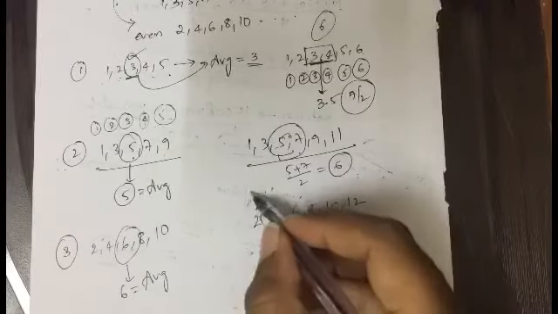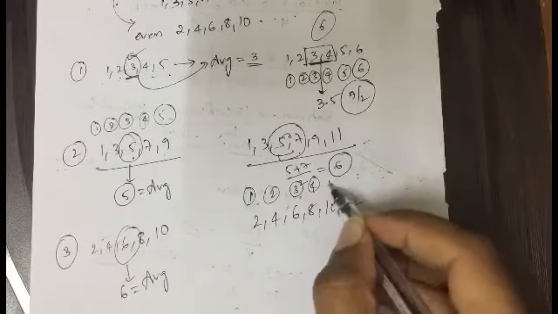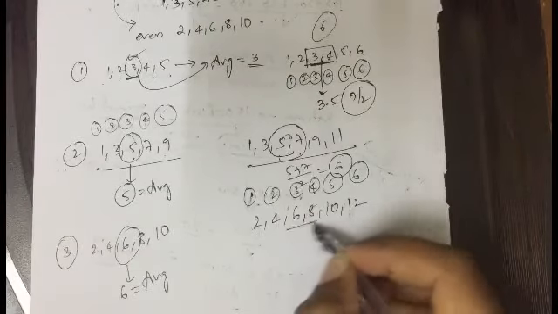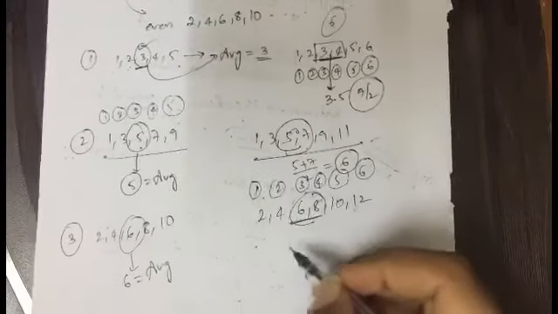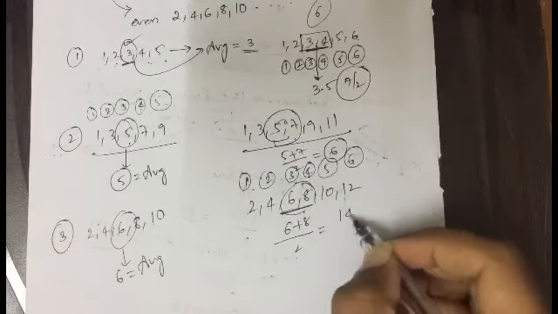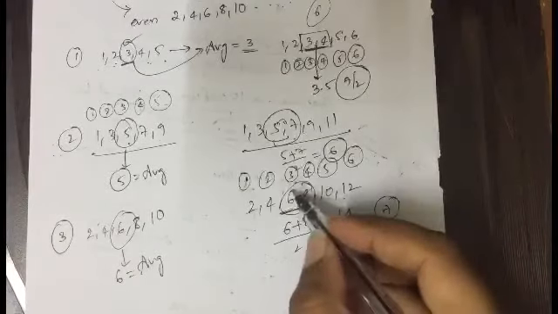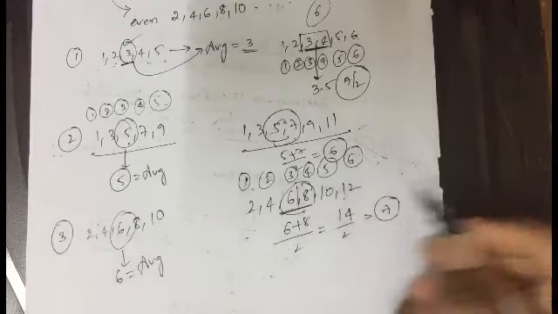Let us give the positions, 1, 2, 3, 4, 5, and 6. So the middle 2 numbers are 6 and 8, right? So the average will be 6 plus 8 by 2, which is equal to 14 by 2, which is nothing but 7. So you can directly say the number which is between 6 and 8 is the average.